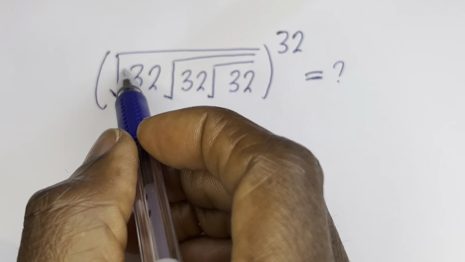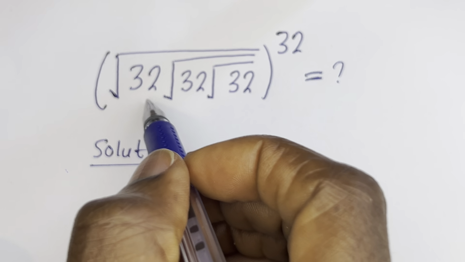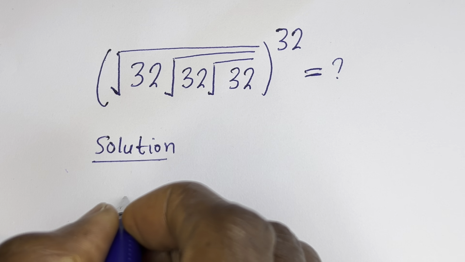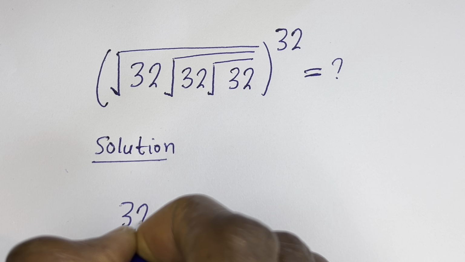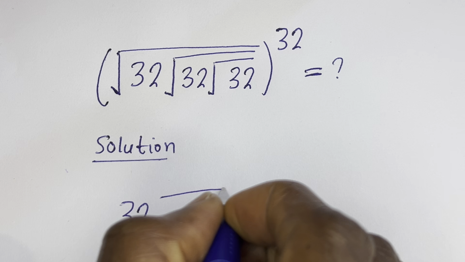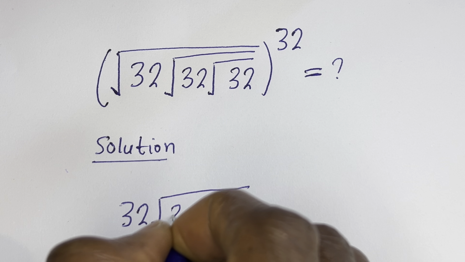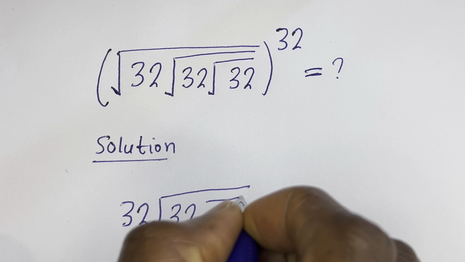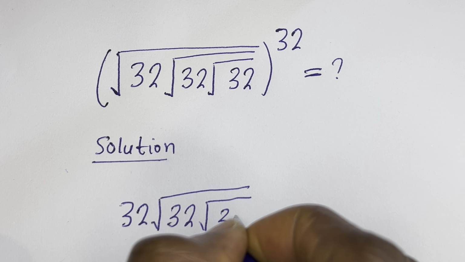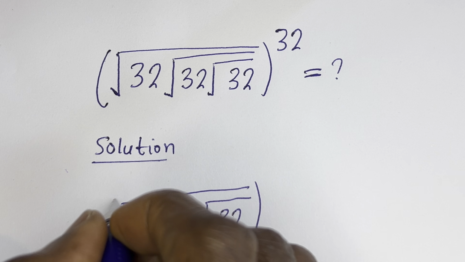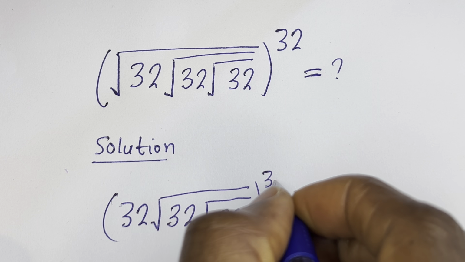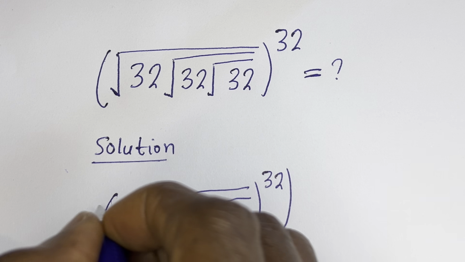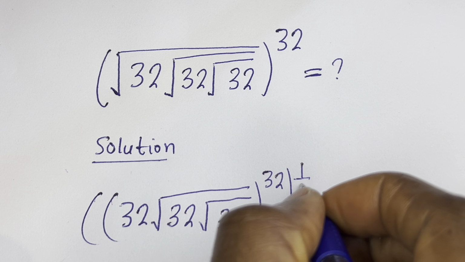Now here you can see that this square root covers everything here. So this can be written as 32 square root of 32 square root of 32, all to the power of 32 to the power of 1 over 2.